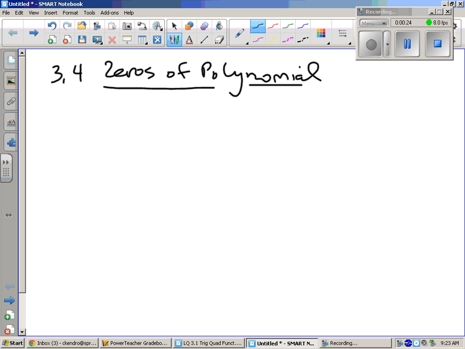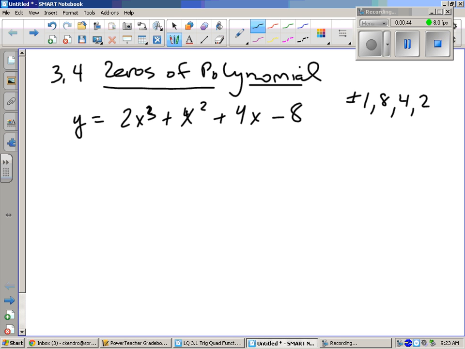Before, when you had an equation like y equals 2x cubed plus x squared plus 4x minus 8, you had to take the factors of 8, which are plus or minus 1, 8, 4, and 2, and put them over the factors of 2, so plus or minus 1 and 2.